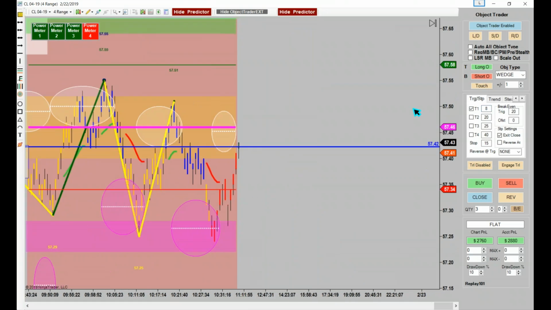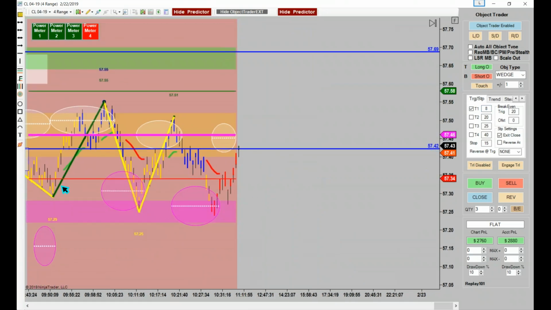What we're going to do is wait for a trend line. Got to get a bar back down. Got to get little swings, right? No swing yet. Come on.